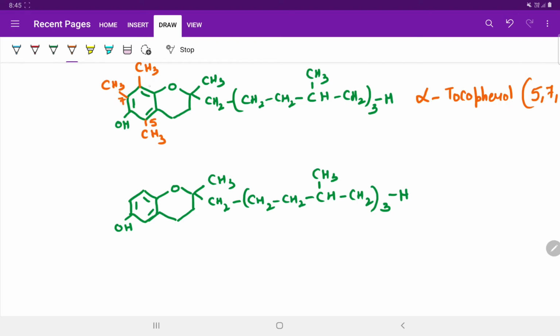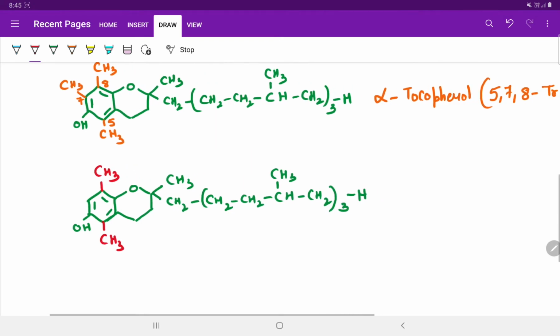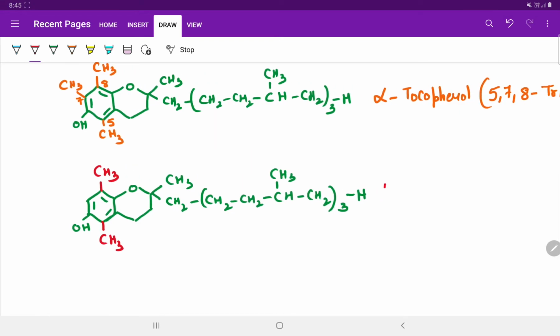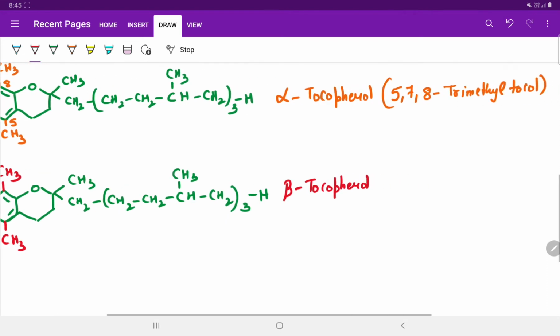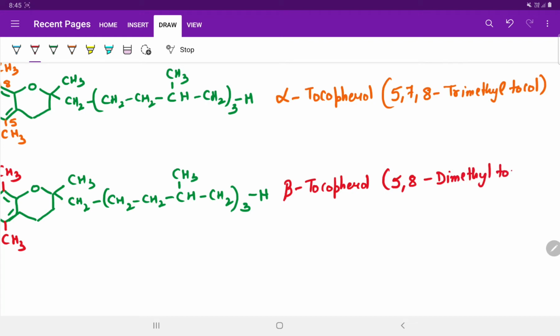Now this is the 5th position and this is the 8th position. So here 2 methyl groups will be attached. This is the structure for beta tocopherol, commonly referred as 5,8 dimethyl tocol ring.